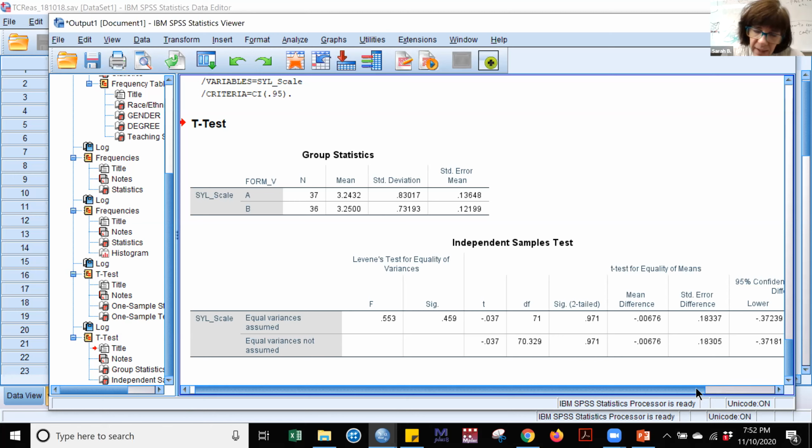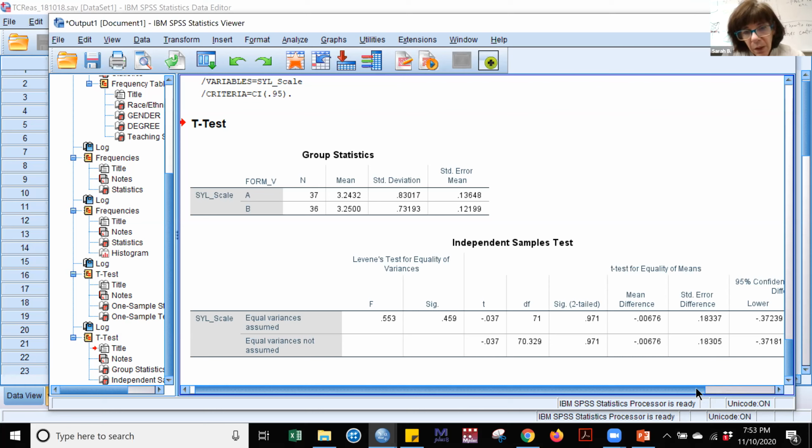And the significance level of it is 0.459. Now, just like any other test as reported on SPSS under this SIG column, if the SIG value is at or below 0.05, then you reject the null hypothesis.